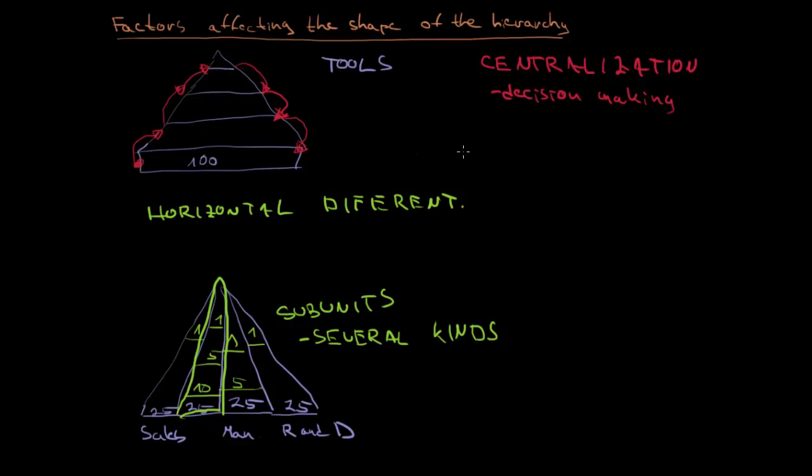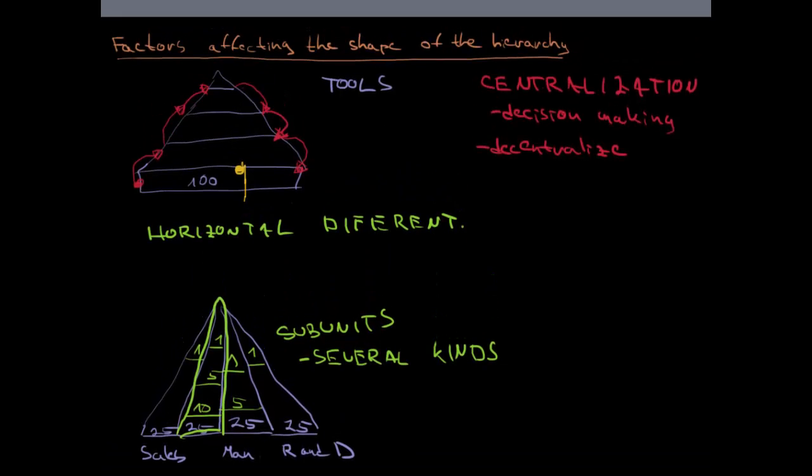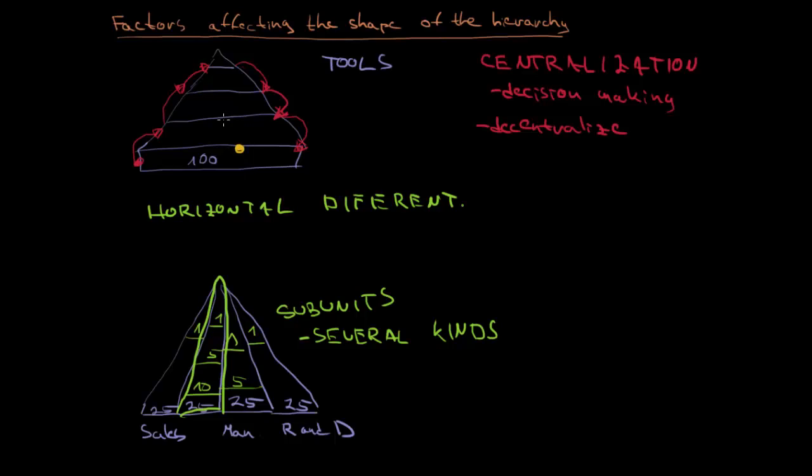So I can solve it through the opposite of it. I can decentralize the decision making, so that my employee will have this task that needs to be done, and he will move it up, and directly this lower level manager makes the decision and moves it down.